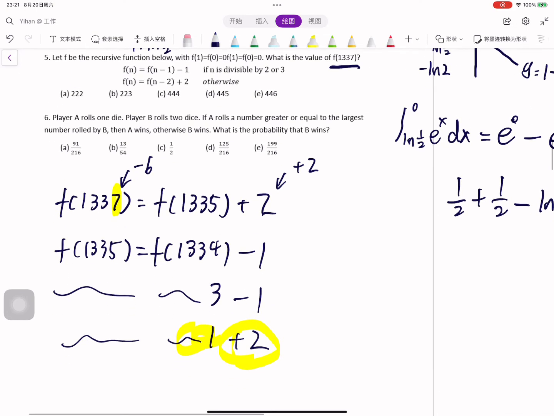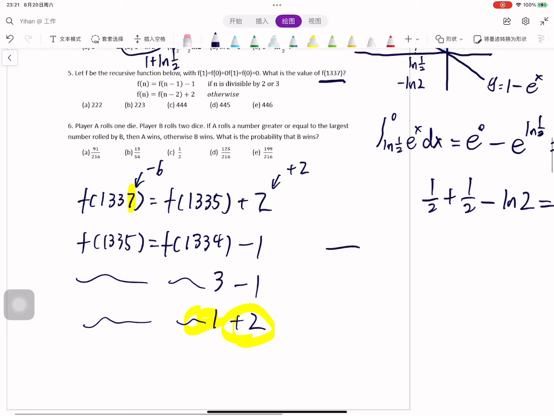So we just divide them by 6, and the answer should be like this.